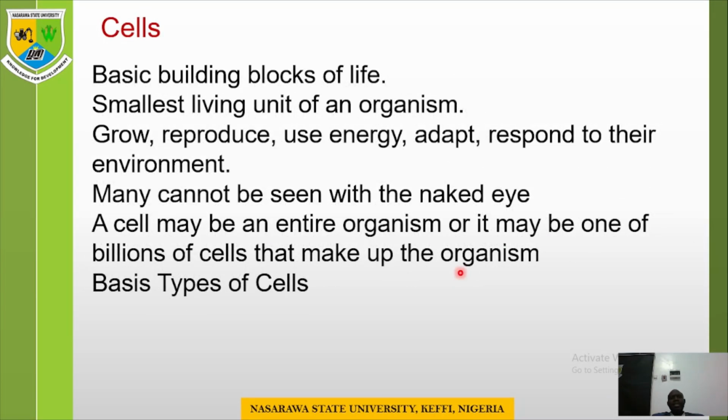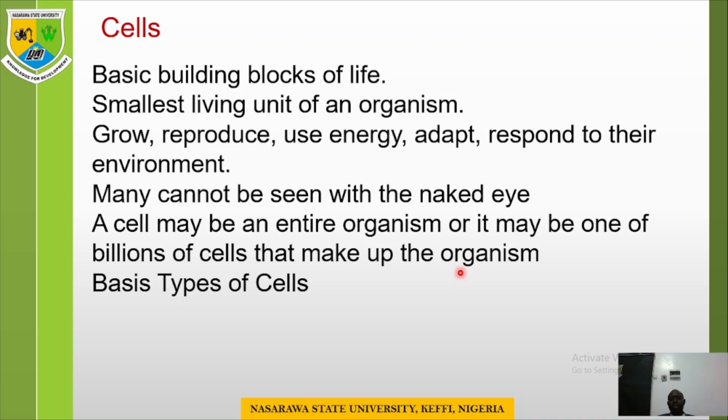Cells are the basic building blocks of life. The smallest living unit of an organism is the cell. Cells can grow, reproduce, use energy, adapt, respond to their environment. Many cannot be seen with the naked eye, and you can't see most of the cells with the naked eye.